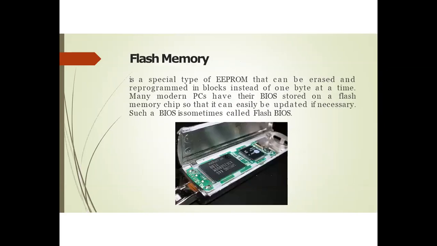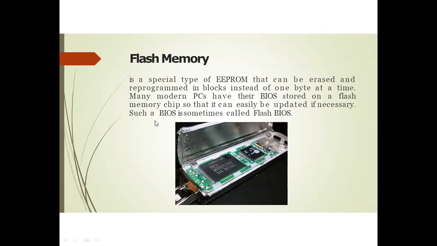The next one, or the third one, is the flash memory. So flash memory is a special type of EEPROM that can be erased and reprogrammed in blocks instead of 1 byte at a time. So many modern PCs have their BIOS stored on a flash memory chip so that it can easily be updated if necessary.